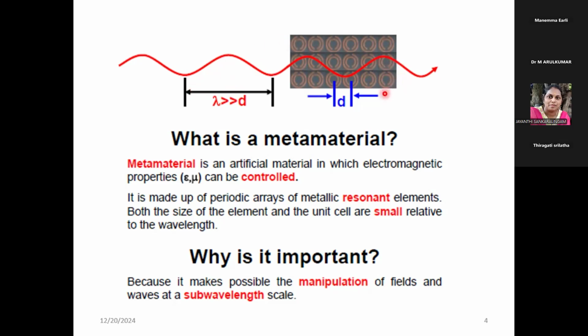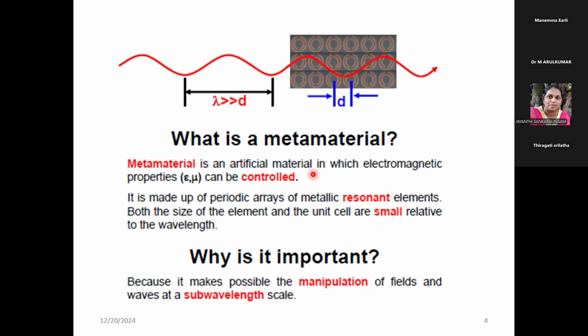You take a dielectric material, which has certain electrical properties, and these electrical properties vary with the frequency at which you use the material. So if you select a particular frequency to change the properties of the dielectric material, the first requirement is that the size of the unit cell, or the structure you are going to design, must be very much less than lambda. This is the basic requirement.